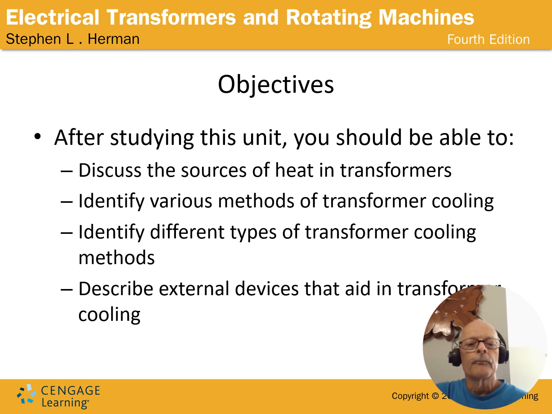Just to recap, we should be able to identify various methods of transformer cooling, identify different types of transformer cooling, and describe external devices that aid in transformer cooling. All these things are determined by what the transformers are doing, how big they are, and how much power they're converting. We'll talk about that as we go through.